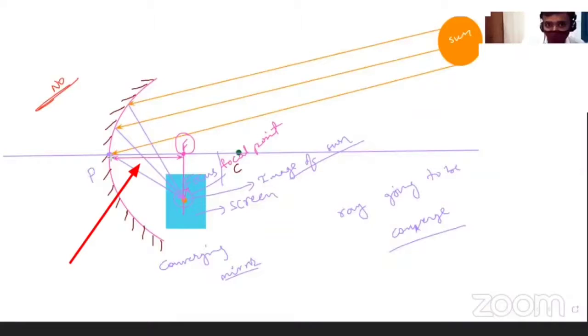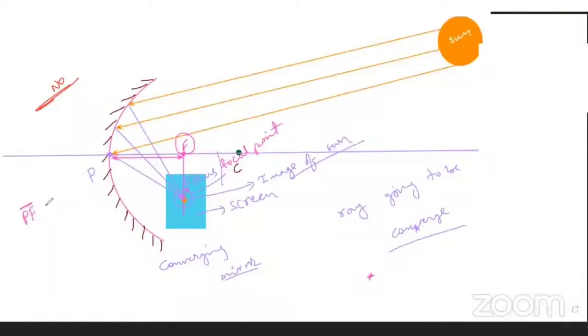Look at this pink colored double-headed arrow between P and F. So what is PF here? Sir, half of the length. It is called focal length.